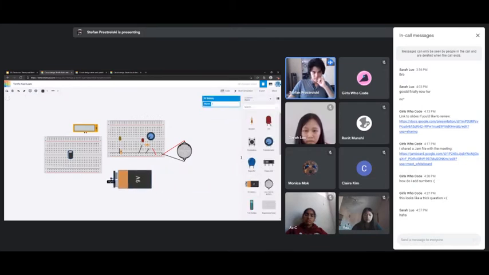Pull this battery here. Then here, I'm going to use this here. I'm going to demonstrate how a capacitor gets charged and discharged.